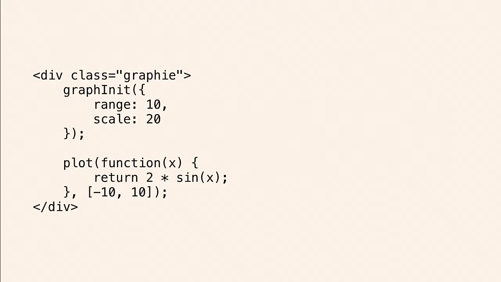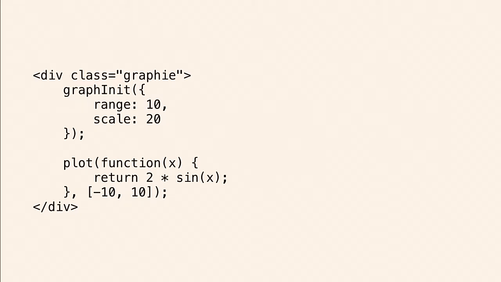The way you use it is you write this JavaScript code where you say, I want to initialize a set of axes and a grid, and then I want to draw a function on top of it. We built up these primitives, but then we made it so that you can do things of arbitrary complexity in the exercises that you're building.